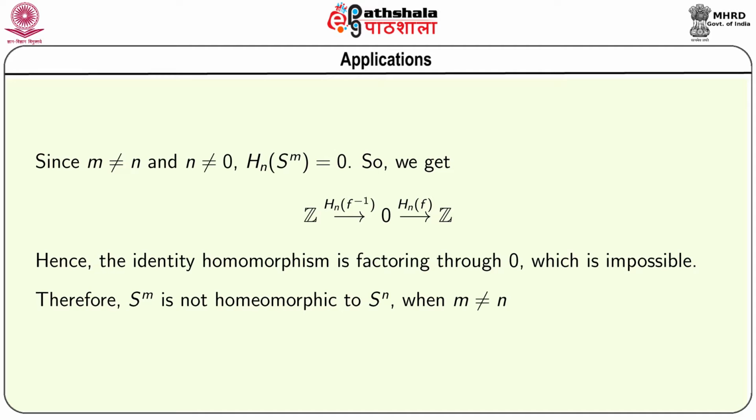Hence, from this diagram we see that the identity homomorphism is factoring through the trivial group 0, and that is impossible. Therefore, Sm and Sn cannot be homeomorphic when m is not equal to n.